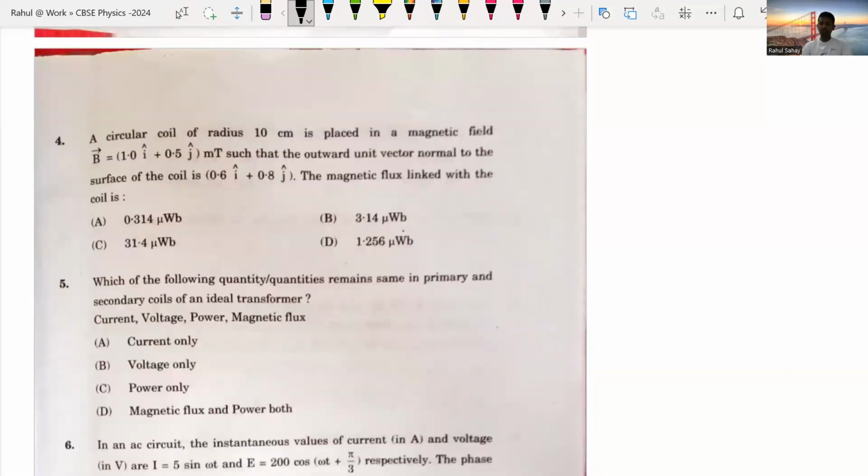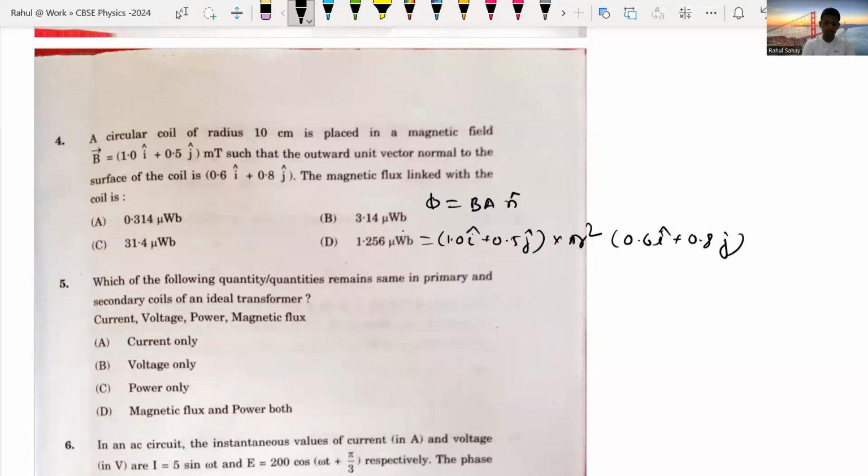Coming to question 4, the flux is BA into N cap, and they have given B as 1.0 I cap plus 0.5 J cap, into pi R square into I cap plus 0.8 J cap.